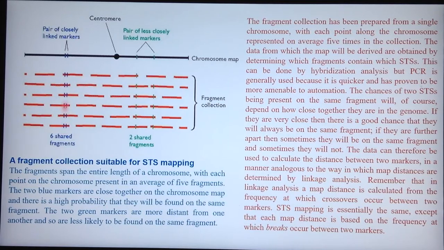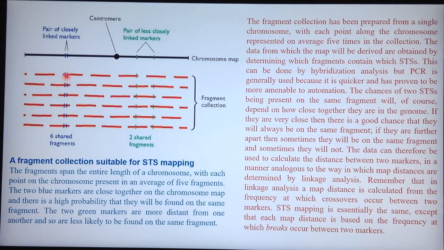So, this was the basic concept of radiation hybrid mapping, in which STS marker mappings were done, and it was assumed that if the markers have distance between them, then there is a probability that they can be separated by fragmentation. Here we can see this is separated, here this is separated, in this one it is retained, but otherwise it is separated in most of the fragment collections.